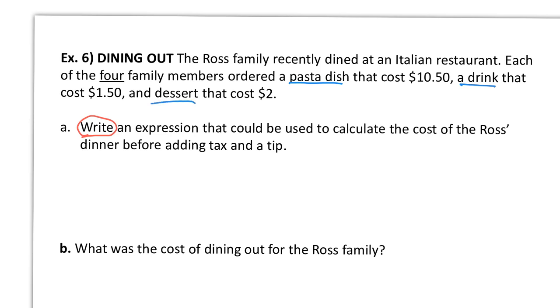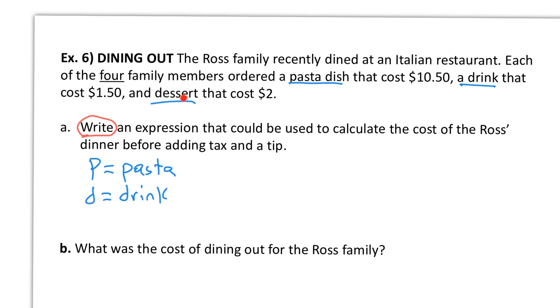So those are my 3 things that I need to include in my algebraic expression. So I'm going to say P is for pasta. I'm going to say D is for drink.